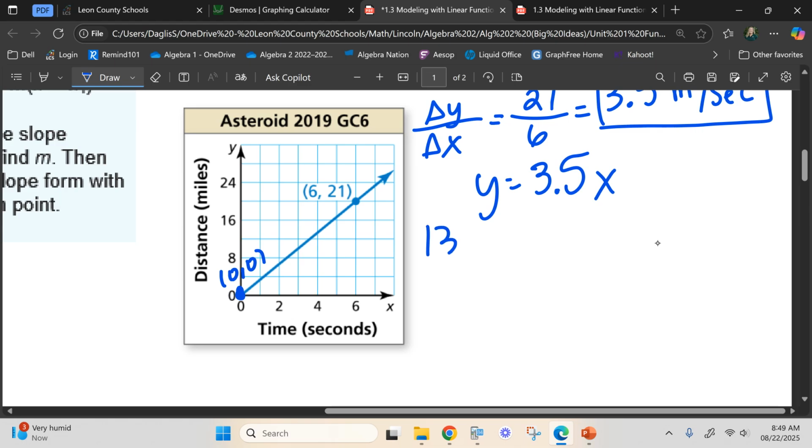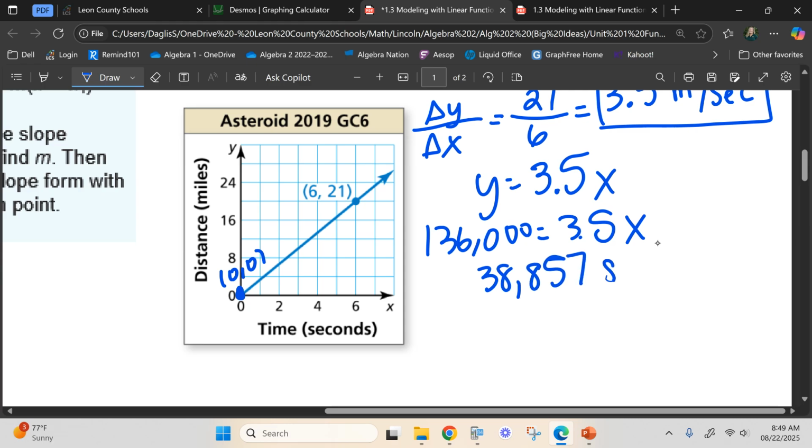So 136,000 equals 3.5x. How do we find x? You got this. Divide, and what do you get? I heard it. 38,857 seconds. That converts to about 10.8 hours.